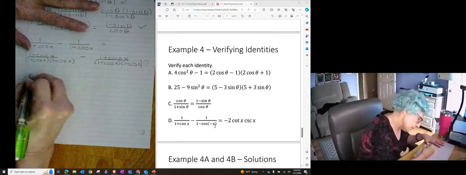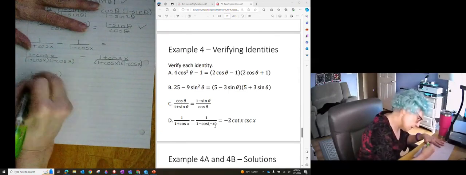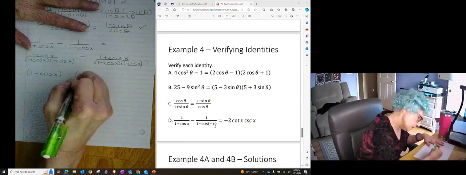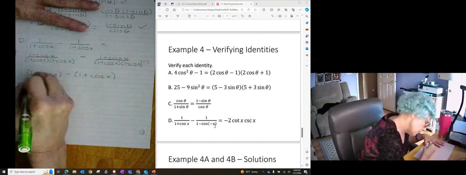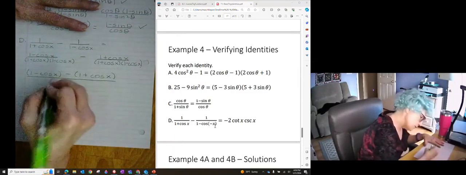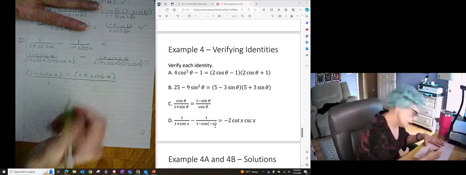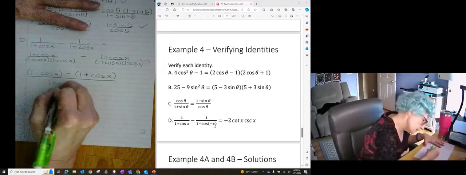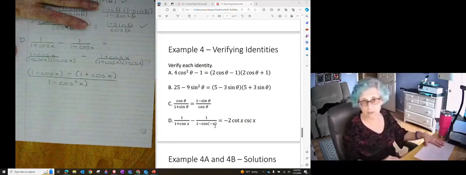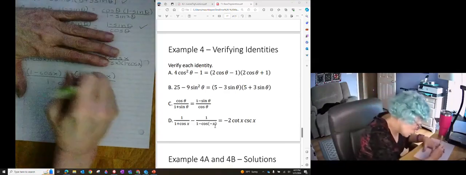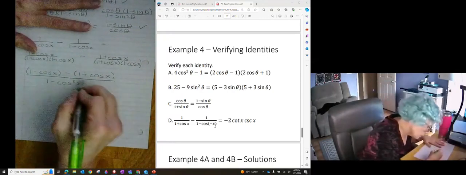Now I'll combine these into one unit. I would have parentheses around 1 minus cosine of x minus 1 plus cosine of x, all of that divided by 1 plus cosine times 1 minus cosine, which is 1 minus cosine squared of x. I don't need that parenthesis there. Now I'm going to take a peek and see what I'm going for.